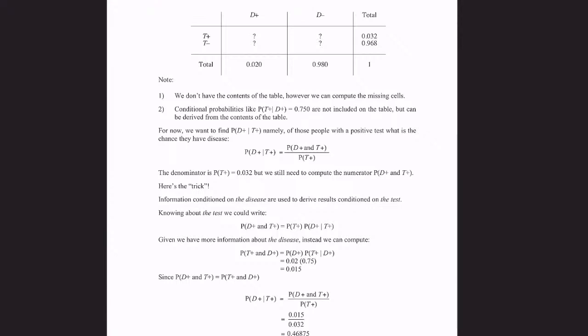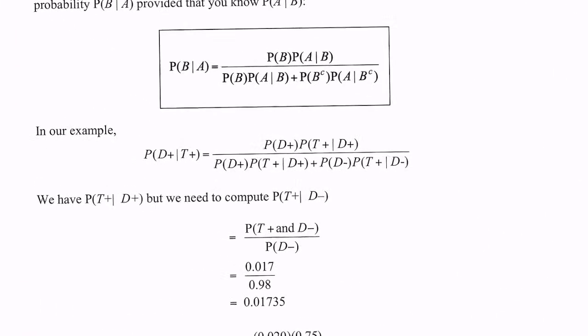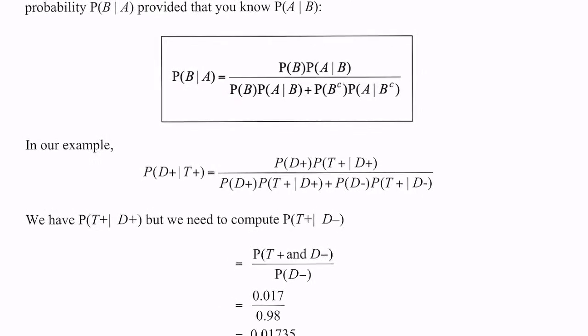In general, I wrote here the general expression for Bayes' rule, where I expand not only the top like I did in the last exercise, but you could also expand the bottom, if you didn't have information on A.